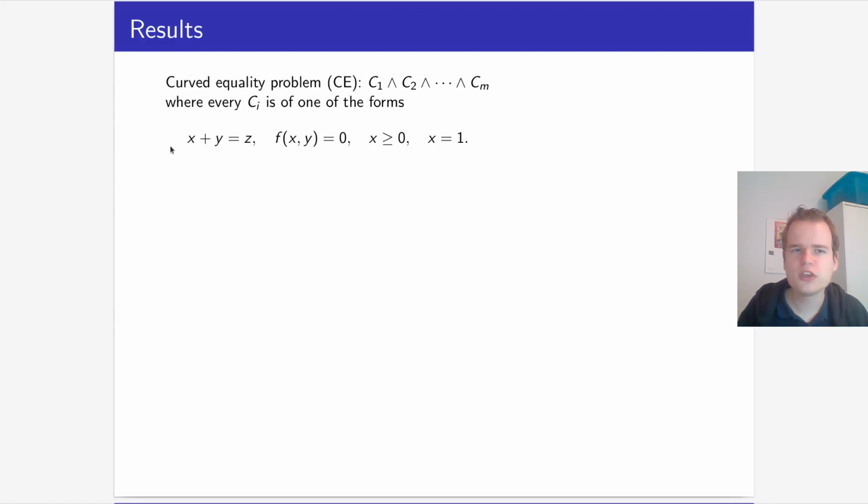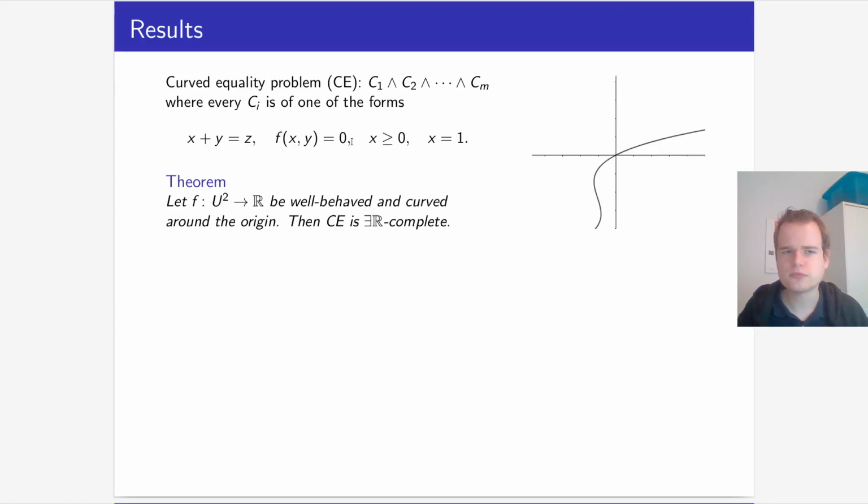So in particular, we first study this curved equality problem, where we have replaced this nonlinear constraint by some general constraint of the form f of x, y equals 0. And now we show that in a lot of cases this problem is ER-complete, but this f should satisfy some conditions.